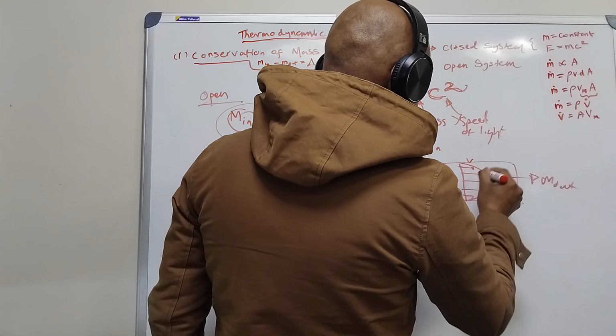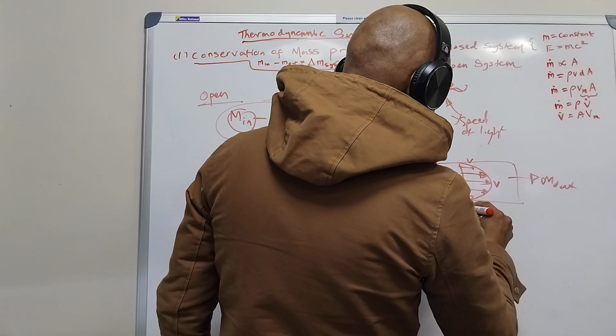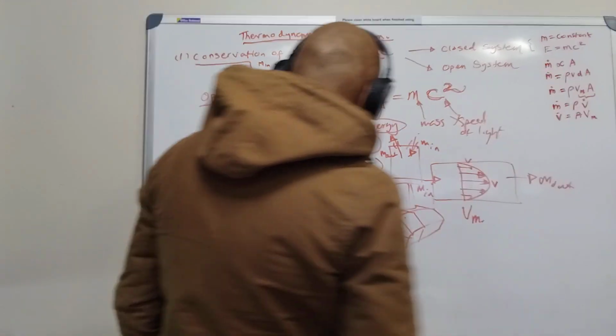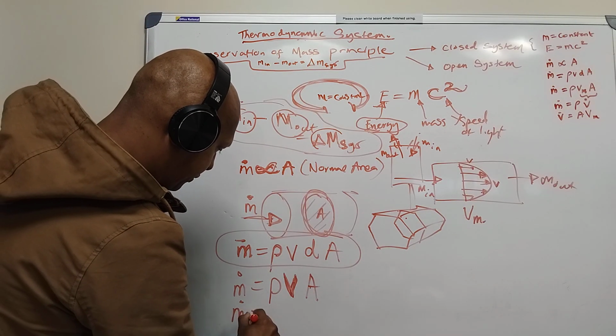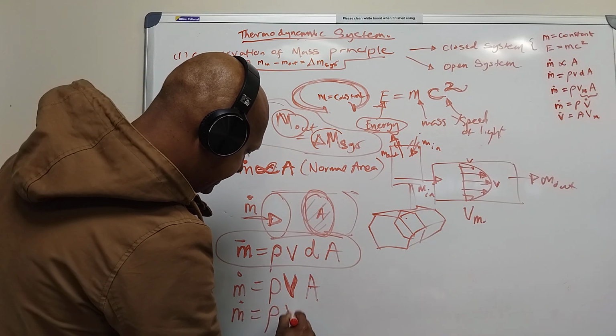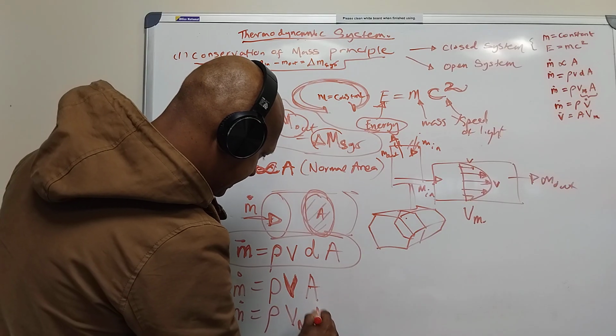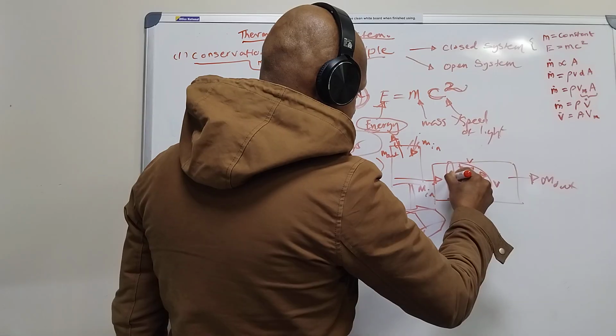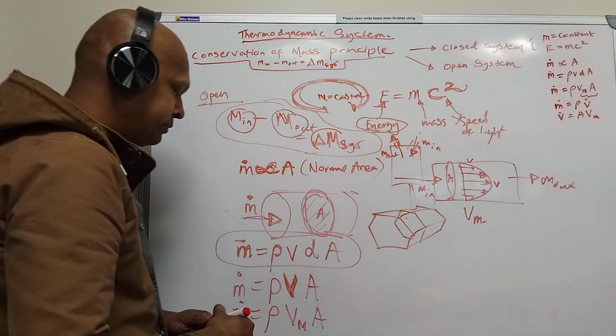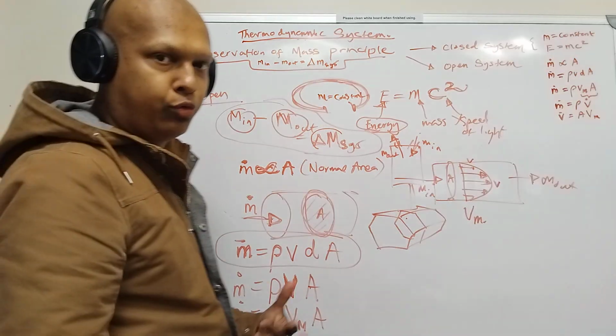So we need to find the average velocity, which is Vm, the mean velocity. So the mass flow rate equals rho times Vm times area, where area is the cross-sectional area.